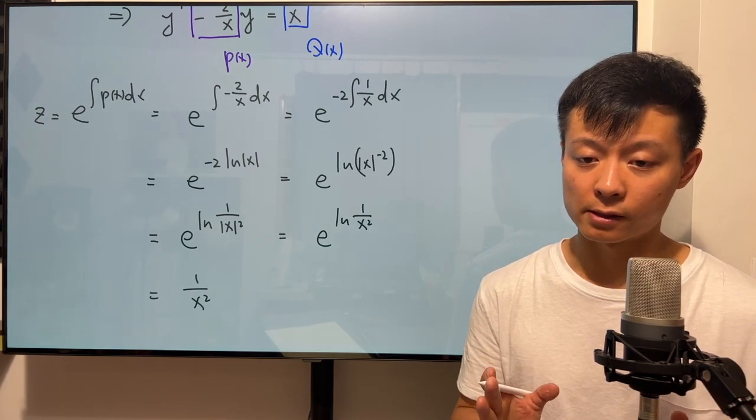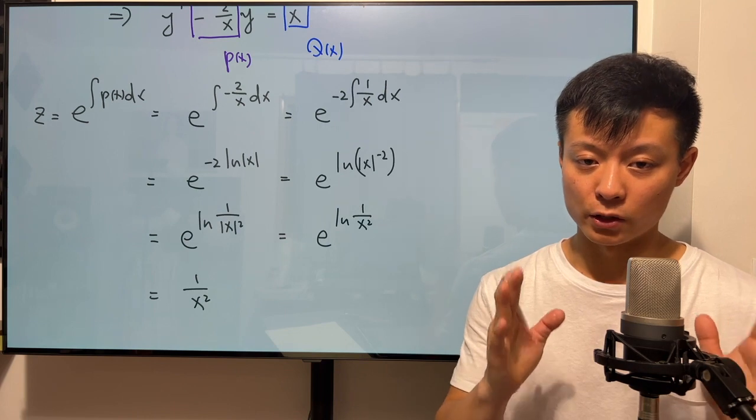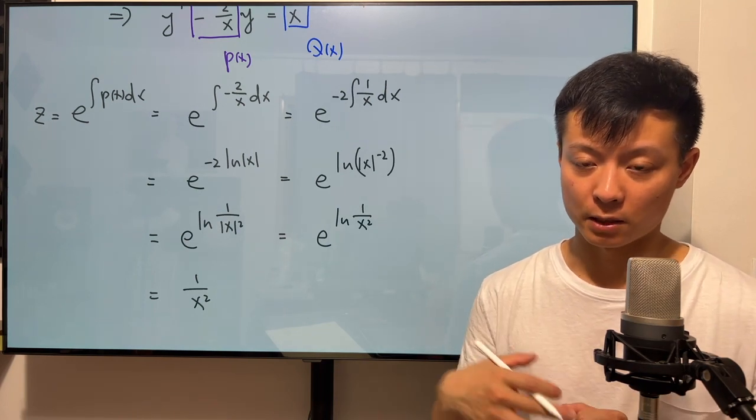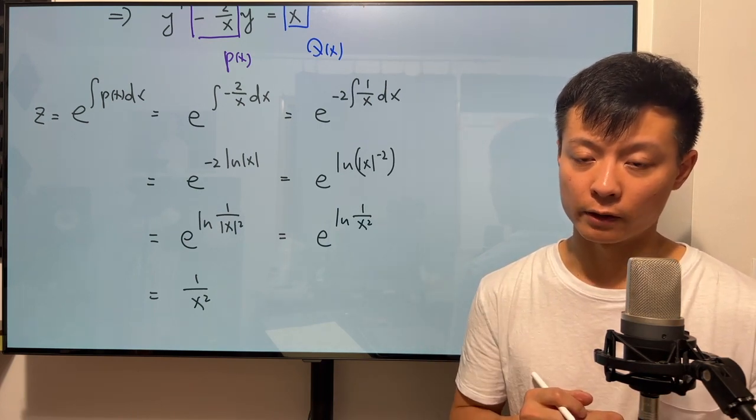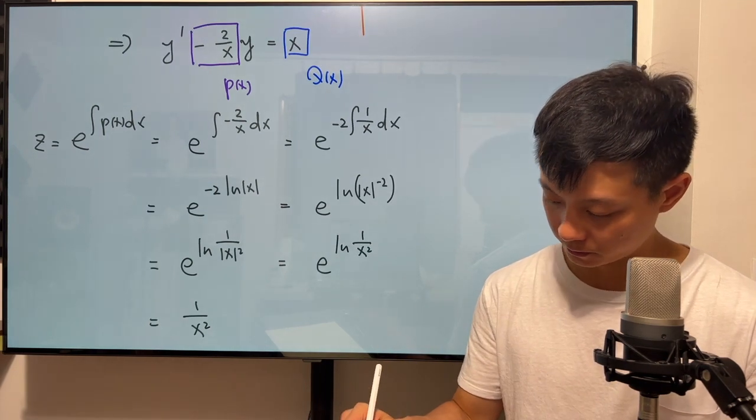From our previous discussion, we know that we should multiply both sides by such a function z, which is the integrating factor. So let's do it here.